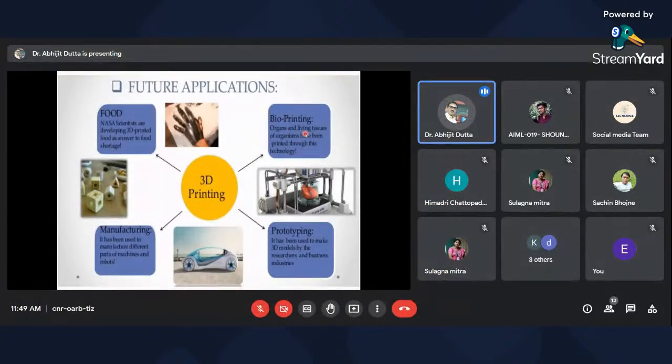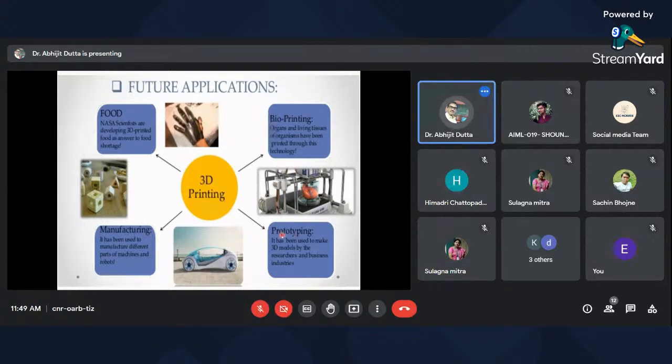In bioprinting technology, nowadays an implant or transplantation takes place with the help of a donor. Someday it will come that a donor is not required. We will simply print the organ as per the genetic code, so the printer will print the required organs.